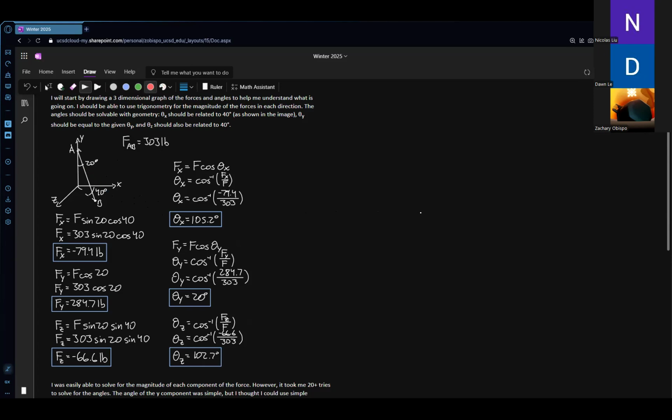Yeah, I think for this problem, it makes it easier for me to visualize when I draw the free body with the three axes on top of point B instead. Yeah, just to be more accurate.